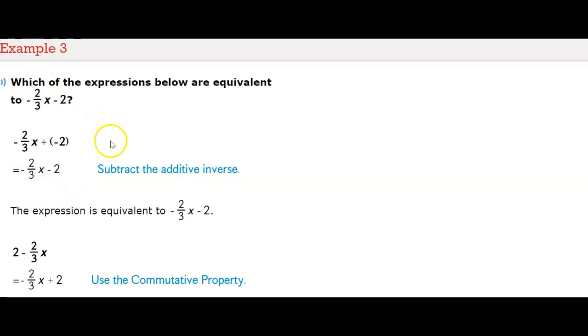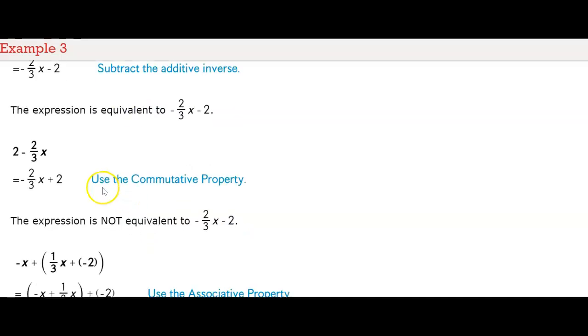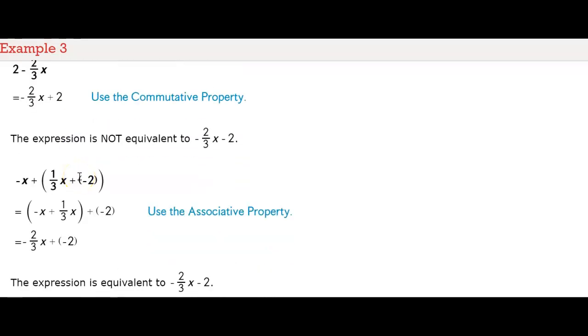That's the original expression, and it says to subtract the additive inverse. So the 2 minus 2/3 x is equal to negative 2/3 x plus 2. That's using the commutative property, which means you could change the order. And then the expression is not equivalent to negative 2/3 times x minus 2.